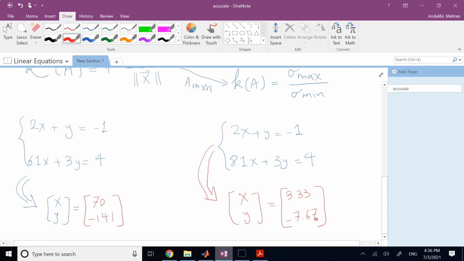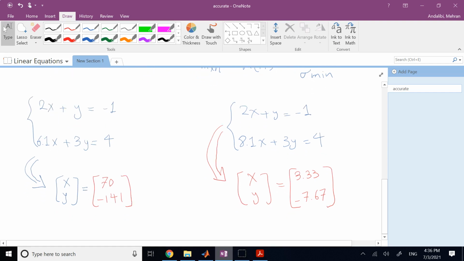You might say, well, I can see something. The numbers are getting bigger, but that's not really the major problem here. The solutions should be different because one of the coefficients is changing. The problem is here.